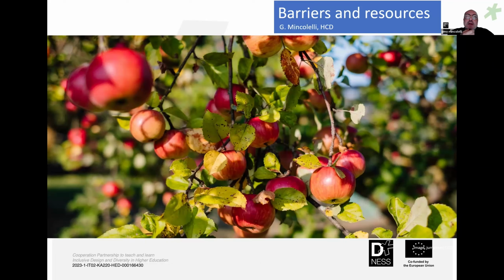And so exclusion is used by the tree to prevent animals from eating the apples too early.